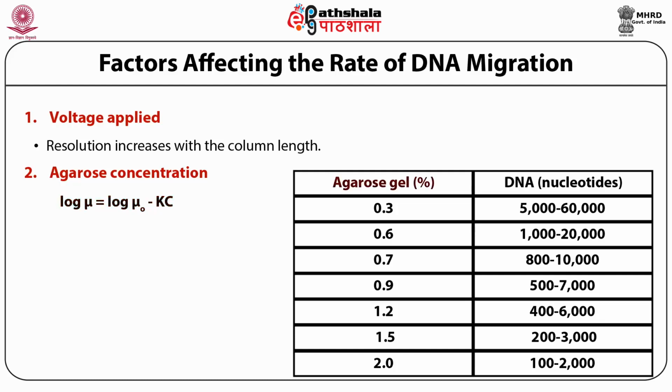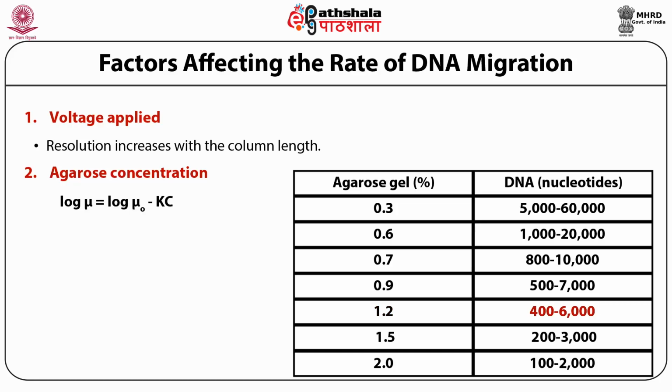The agarose percentage is based upon the DNA molecule that is to be analyzed. We generally run the agarose at a percentage of 1 to 1.2, which can analyze fragments of 400 nucleotides to 6000 nucleotides.